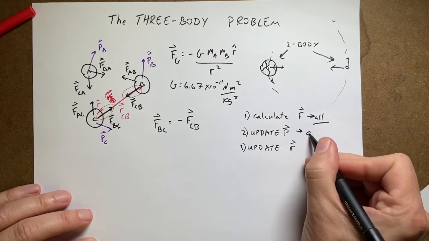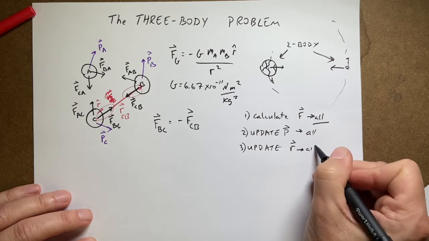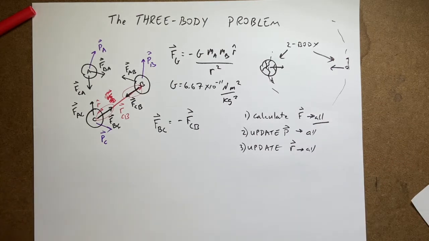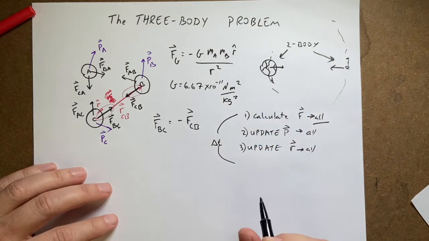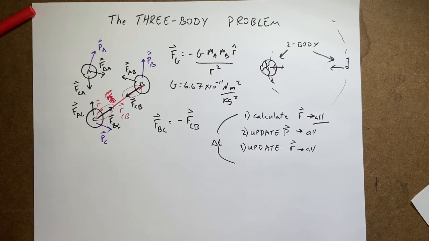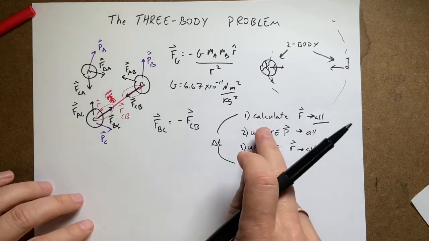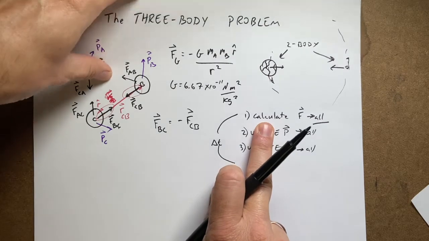All. And that's it. So if I do these three things for a short time interval, delta t, then I can just keep redoing it numerically and do a whole bunch of calculations, and I can plot the motion of these three things. And each of these steps is not super terribly bad. Okay, so let's calculate this F.